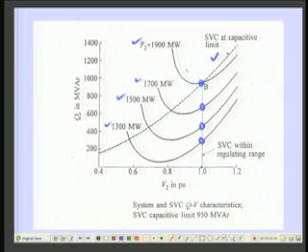So, in case it has reached the limit, this point B again becomes an unstable operating point, because the slope of the QV characteristic of the capacitor is more than the slope of the system QV characteristic. That is why we have the importance of regulated reactive power sources.